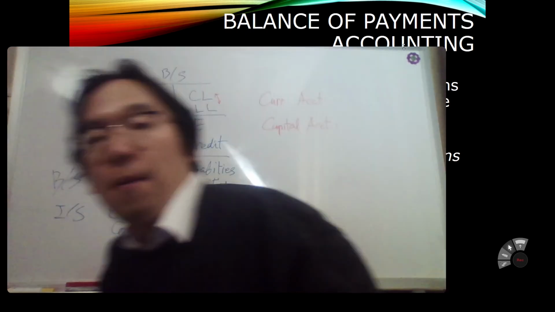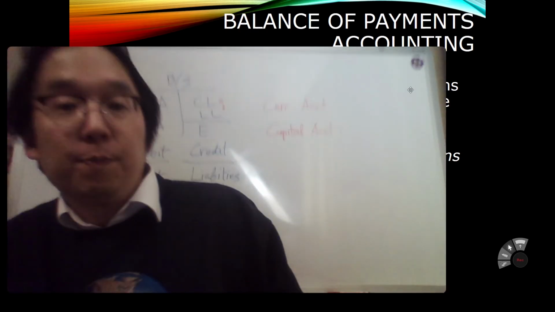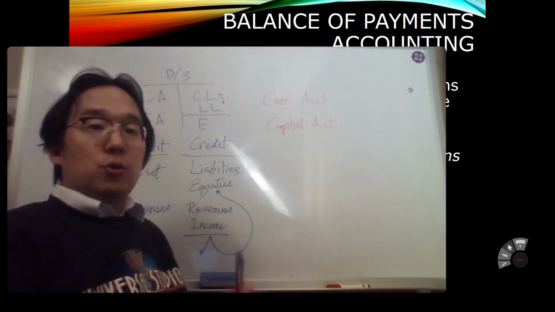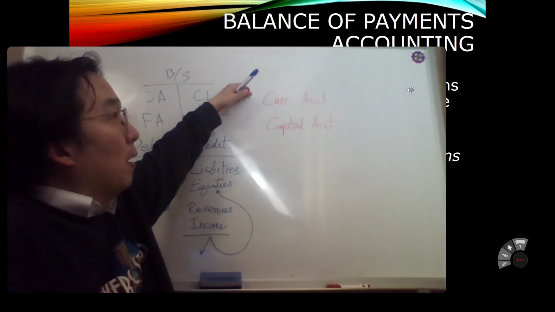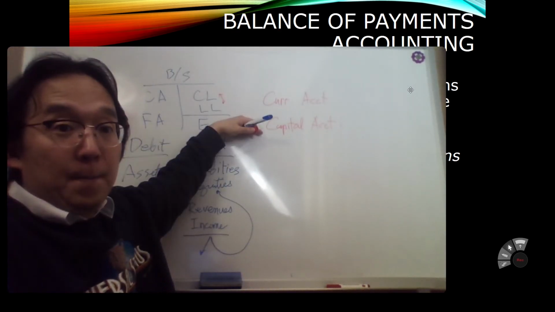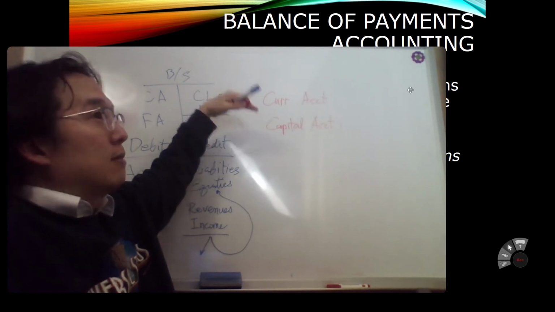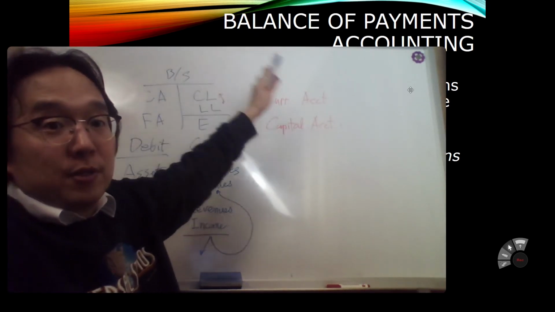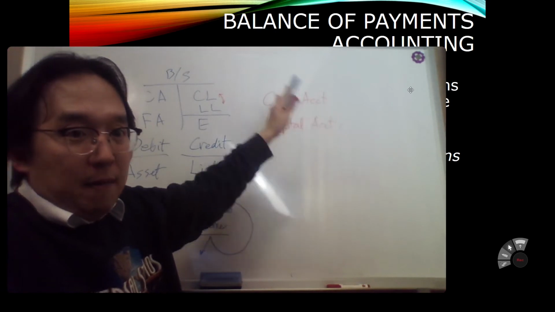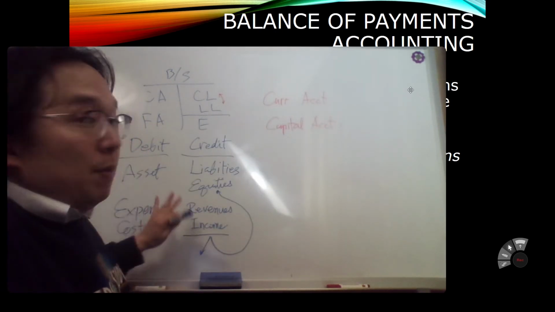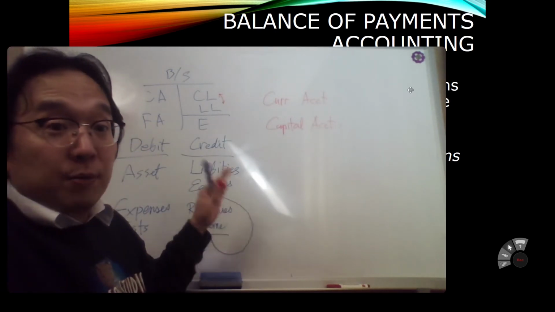In your balance of payment, which has to do with your short-term give and take and long-term give and take, right? But that does not necessarily mean the asset versus liabilities thing, okay? And then that will be more like an income statement kind of concept that will go on.